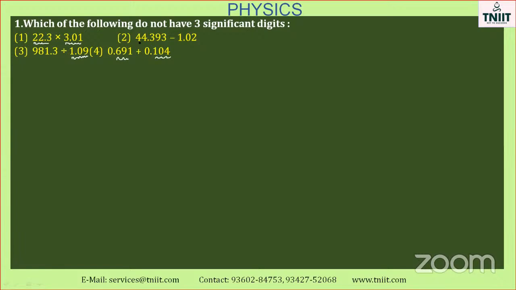But here we have 1, 2, 3, 4, 5 significant digits, because if you subtract 44.393 with 1.02, you will get 43.37. So this is having 4 significant digits.